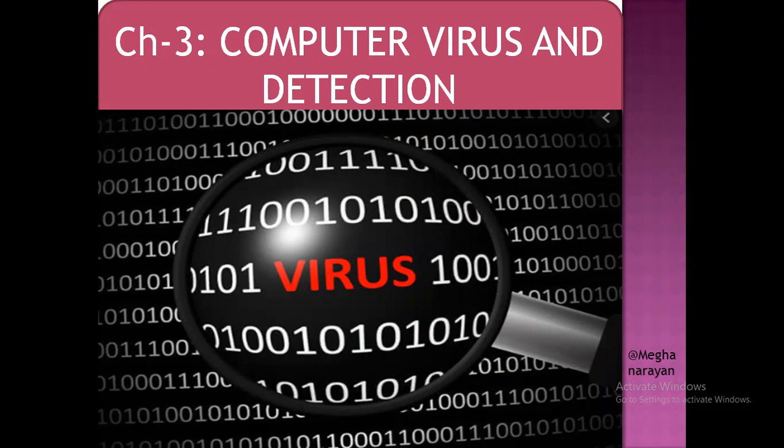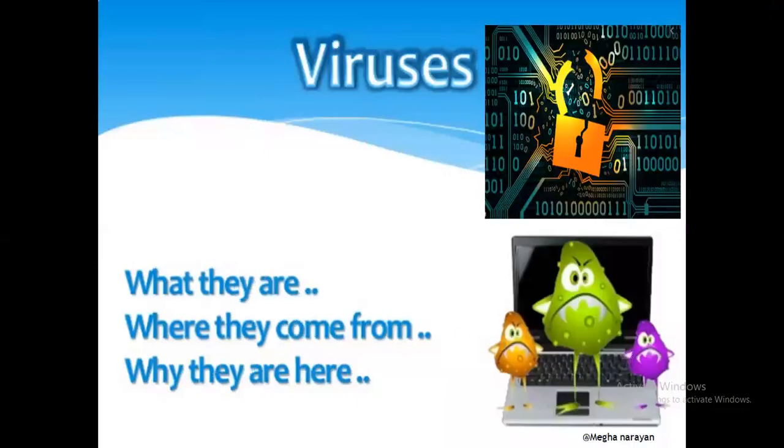In this chapter, we would be learning what is a computer virus, what are the various sorts of viruses, then how does a virus enter inside a computer system, or you can say how does my computer system get infected by the computer virus. We would also be learning the various ways via which we can prevent such viruses from infecting our system. So let's start the chapter on that note.